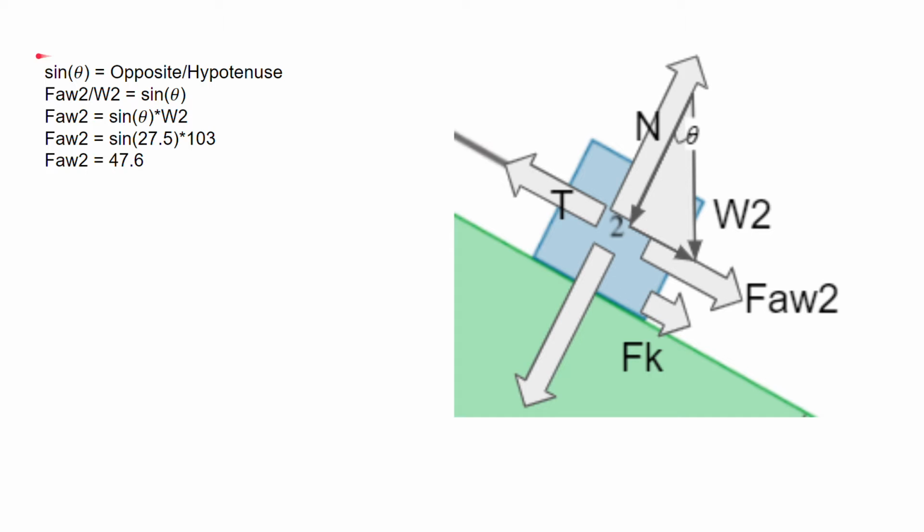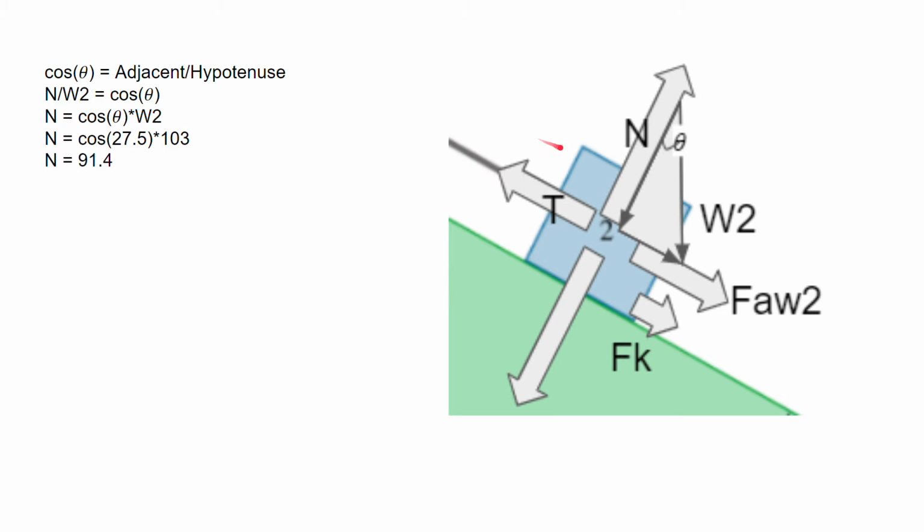We can plug in and use some algebra to find that FAW2 is going to be equal to the sine of theta multiplied by 103, which is the weight W2. And that's going to equal 47.6 newtons.